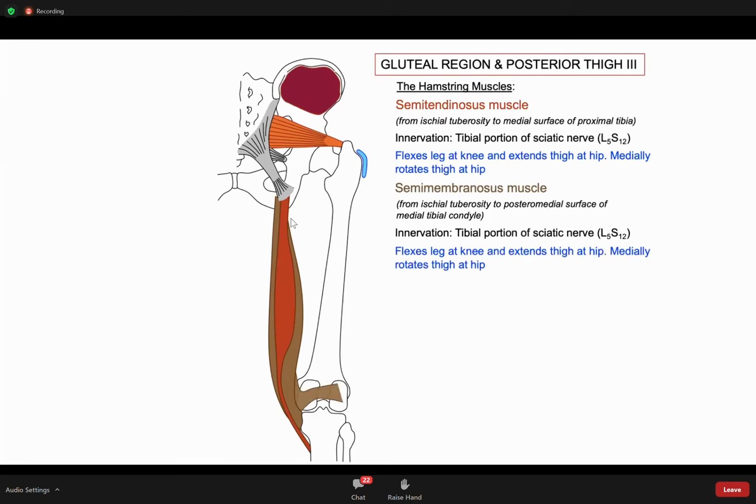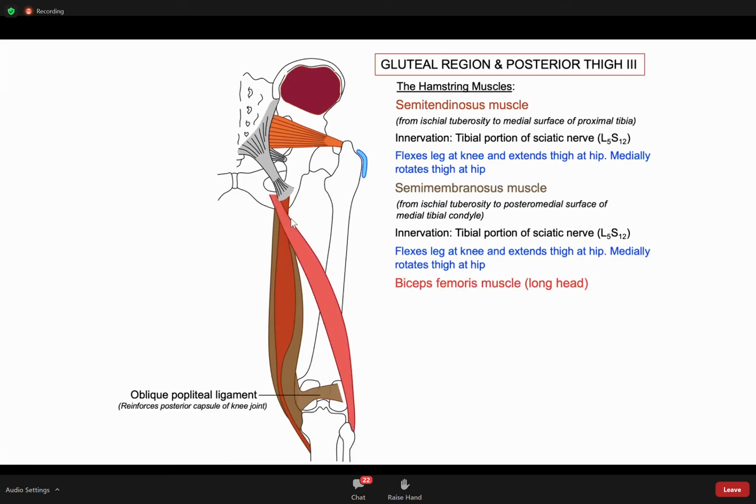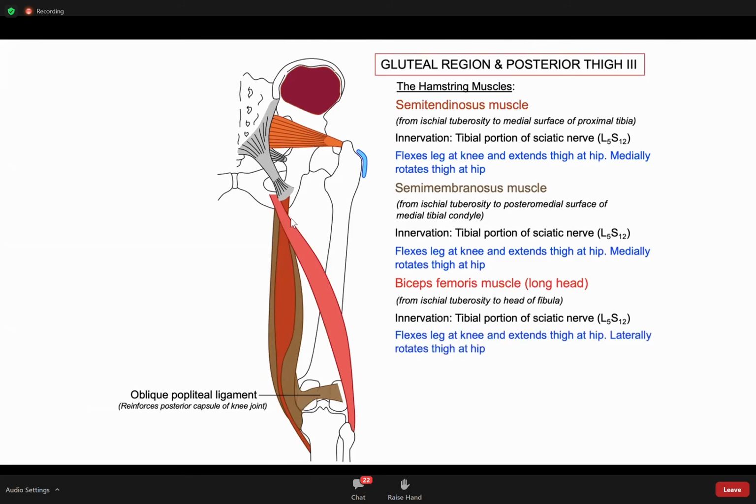It reflects backwards. Then I have a muscle which crosses, and that is my biceps femoris, its long head. Can you notice all of them, they are coming from one common place. And now they are attached in different parts of the proximal tibia or fibula. So one who's going laterally is called biceps femoris, that is its long head, and the short head will be visible shortly.